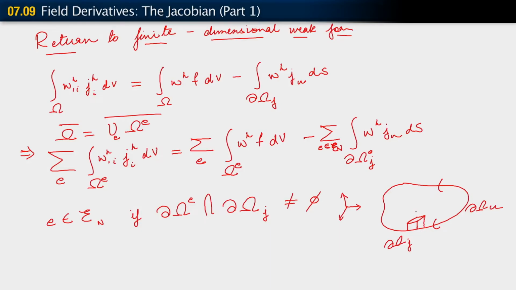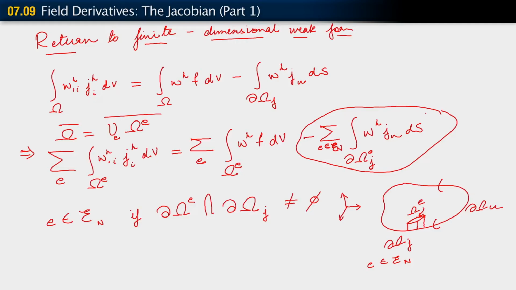So this is an element, say omega e, where e belongs to this set. And it is only over that set of elements that this very last sum is computed. So we have this setting.